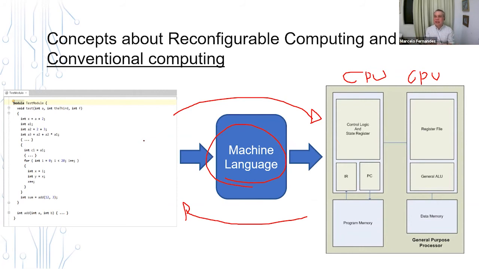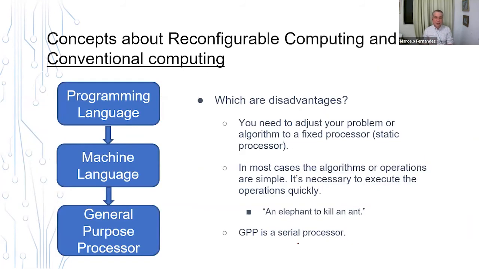This is the main idea of reconfigurable computing. You don't use this way, you use this way. And of course you no longer need this part, because you will create your hardware.